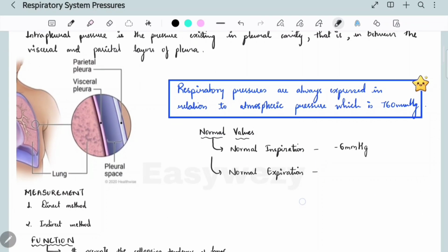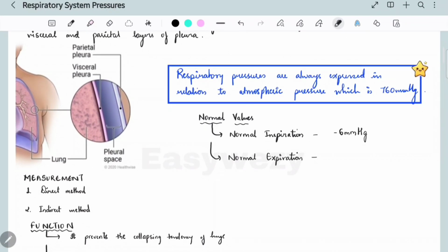Now we come to the normal values of each and what pressure changes happen during inspiration and expiration. First we come to the normal inspiration. At the end of normal inhalation, pressure is -6 mm of Hg, which means it is 6 mm less than atmospheric pressure, which means what? 760 minus 6, which is equal to 754 mm of Hg.